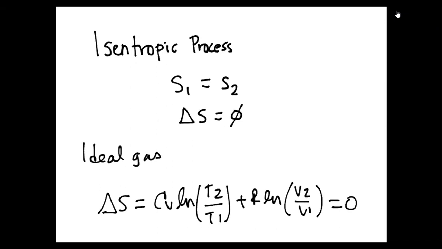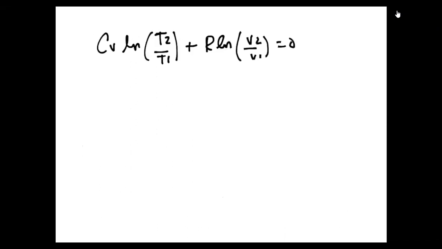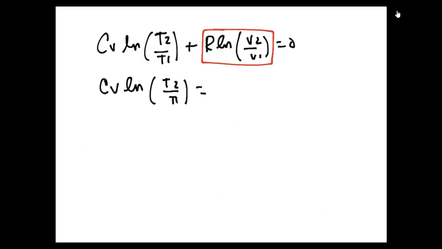So we can work this to get an expression, such that in this case we are going to have Cv natural logarithm of T2 over T1. We're going to pass this term to the other side. Since there is going to be a negative there, we get rid of that negative by inverting the ratio of volumes.